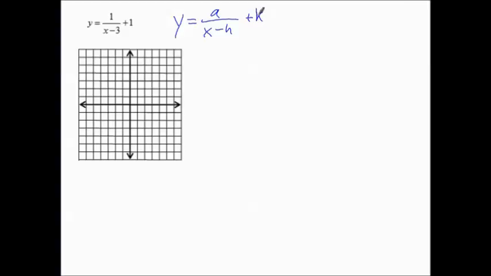And here we have an example, and so now let's use that example to graph and to see what a, h, and k actually did compared to our parent function.